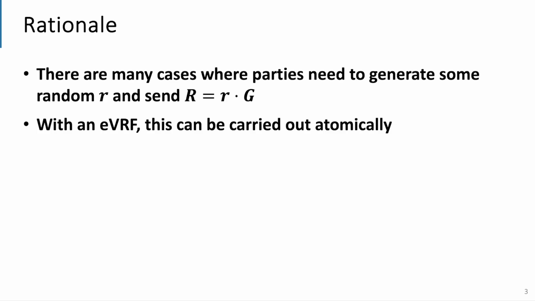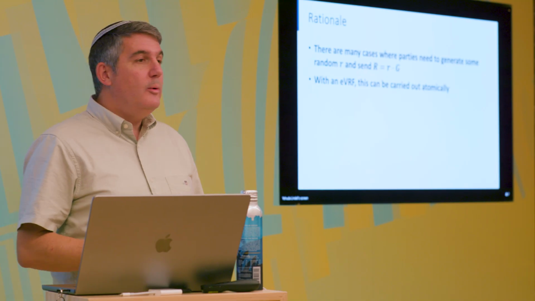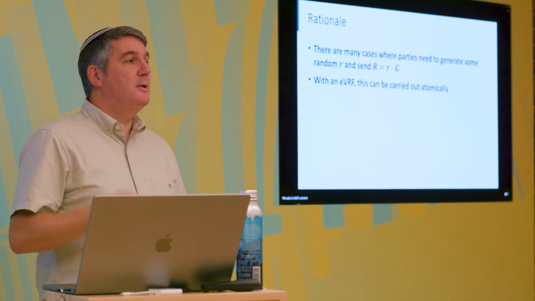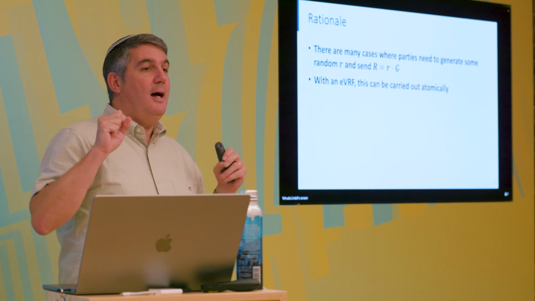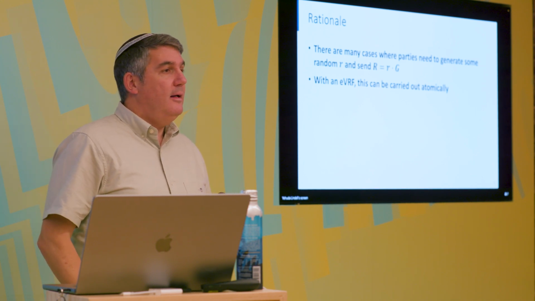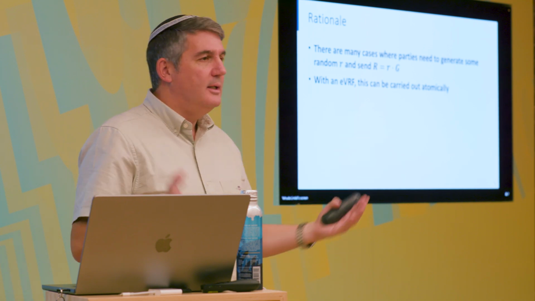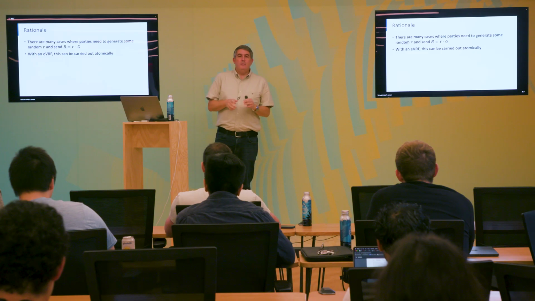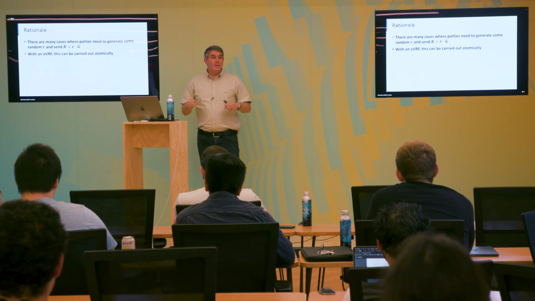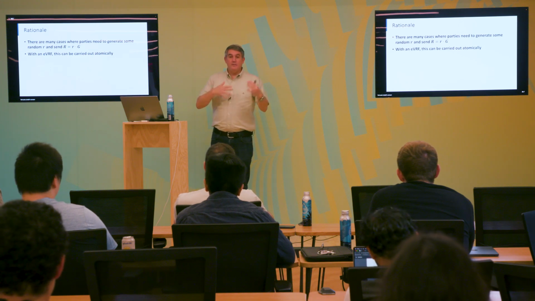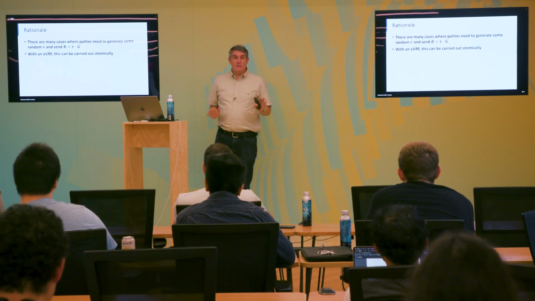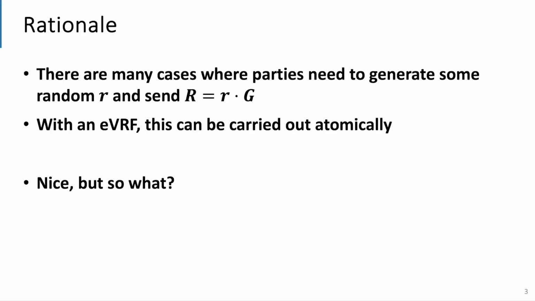In general, the intuition is that there are many cases when we're trying to do protocols for threshold signing, threshold cryptography, or other things where we need to generate a random scalar, multiply it by the generator point, and send the result. And if we need to make sure that we're proving correctness or other properties we'll see later on, then with an eVRF it's sort of atomic, because the eVRF automatically gives you this. You don't have to do a separate operation and prove consistency or anything like that. That's the basic idea.